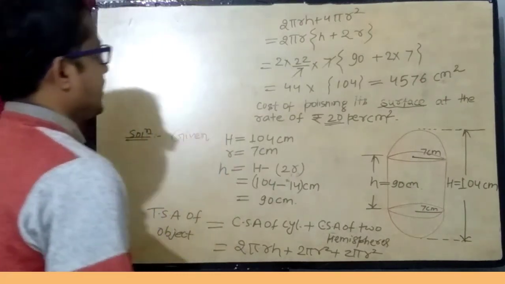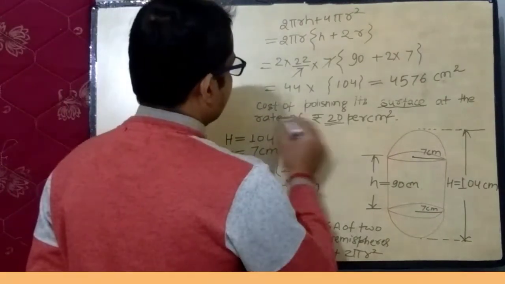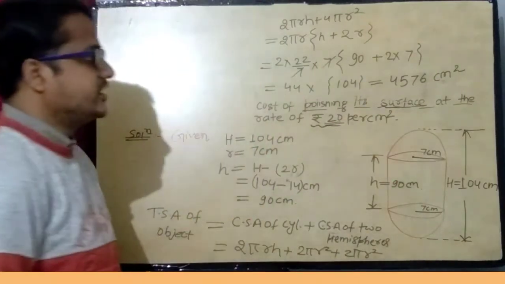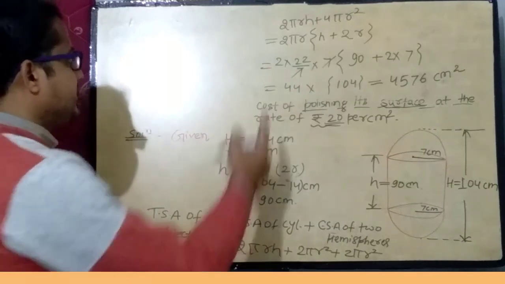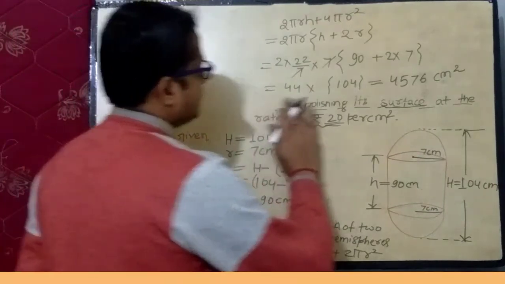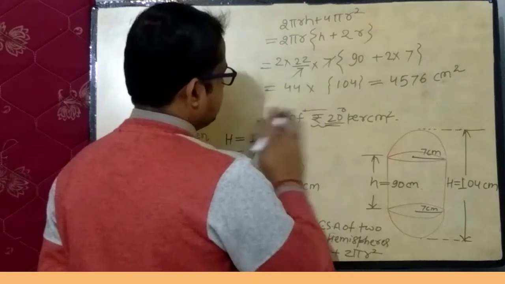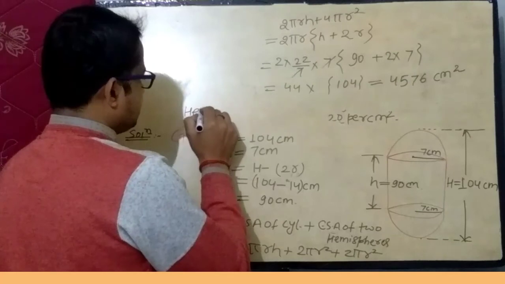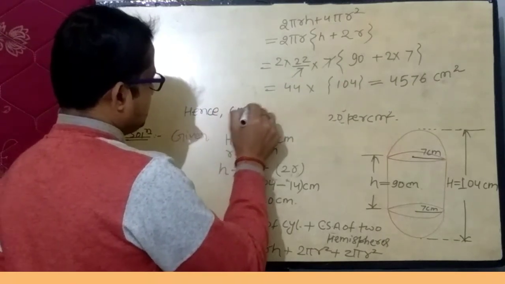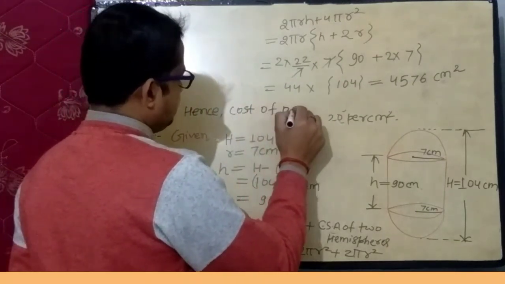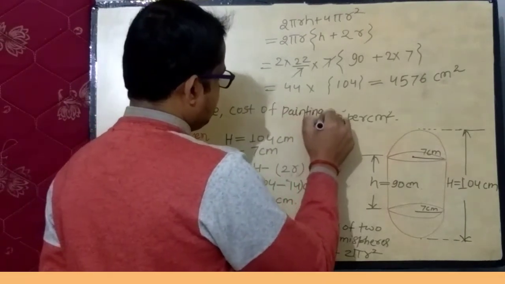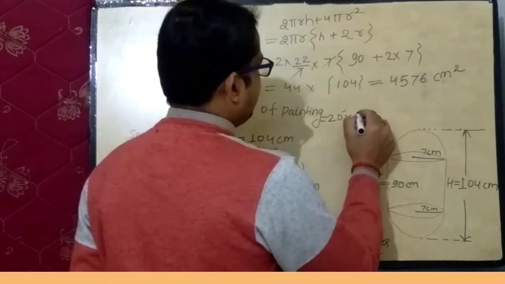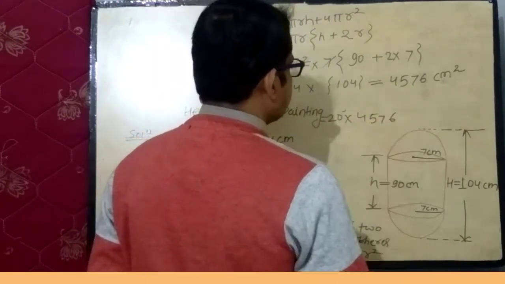4576 centimeter square. Now what you have to calculate? You have to calculate the cost of polishing its surface, and the rate is 20 rupees per centimeter square, that is the rate or cost of painting. Hence cost of painting equals 20 into 4576.